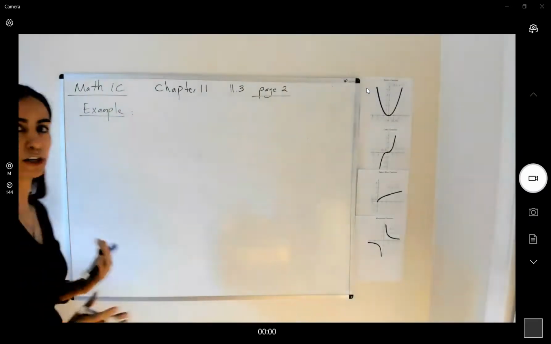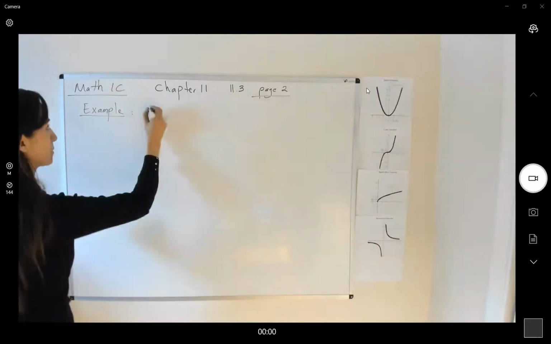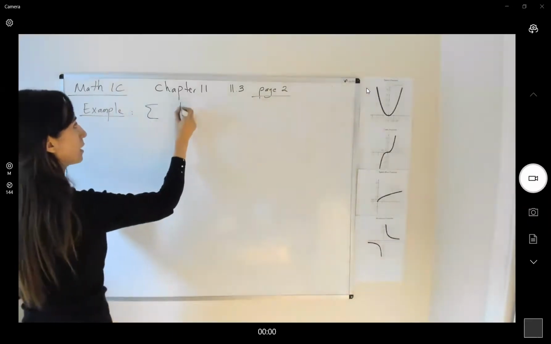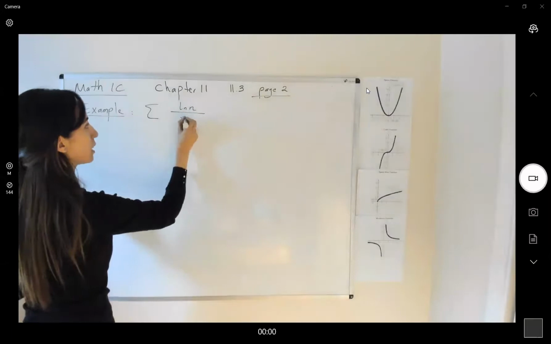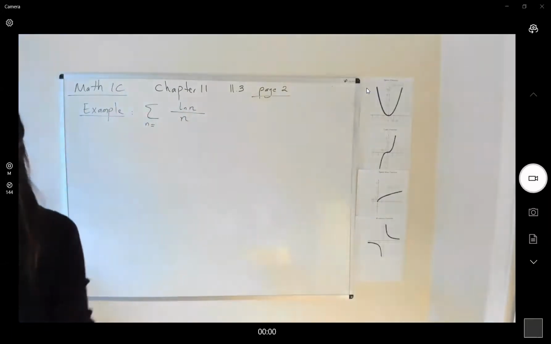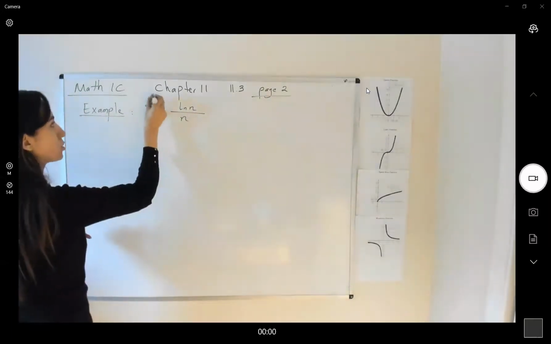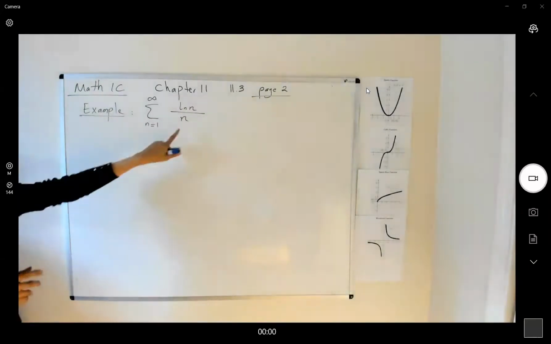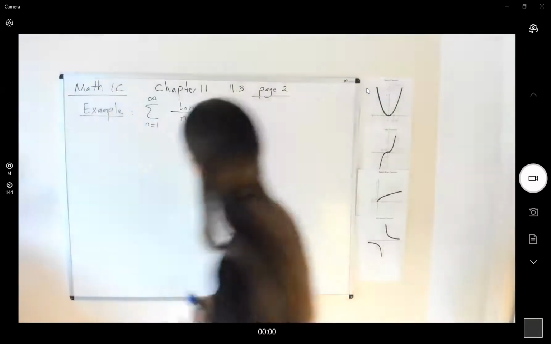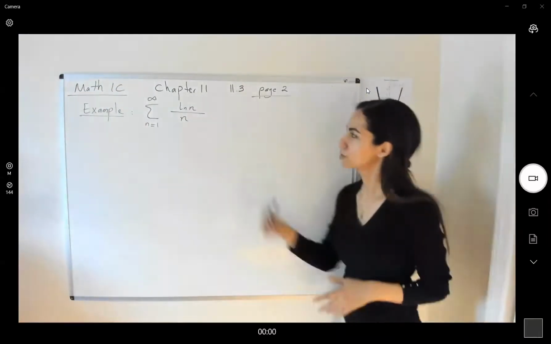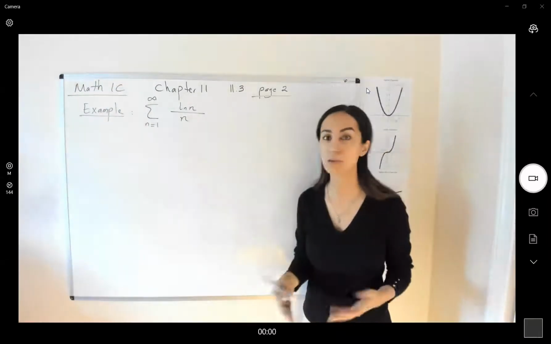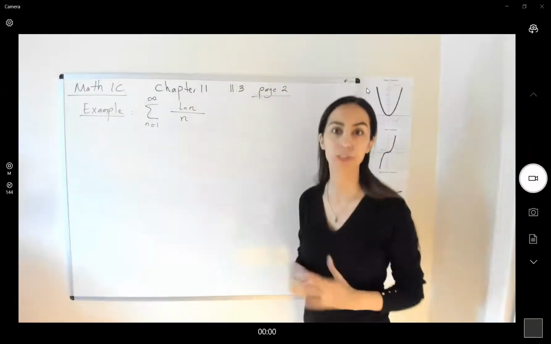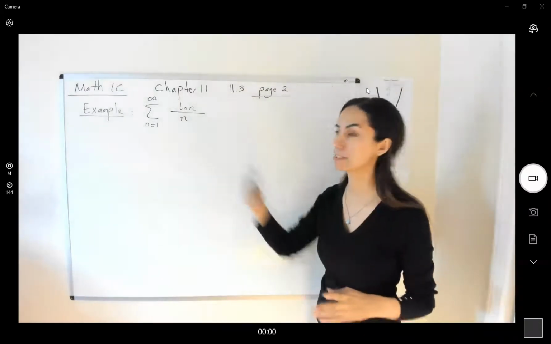So do we have a convergent or divergent series? You have the series ln of n divided by n, from 1 to infinity. So this is not a P-series. This is not a geometric series. We haven't seen this series before.